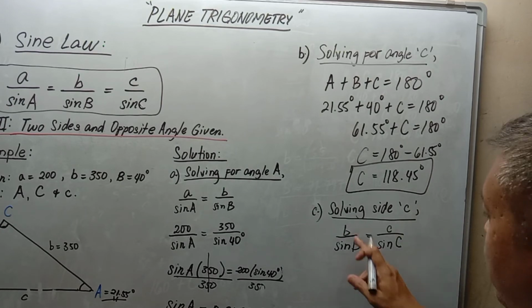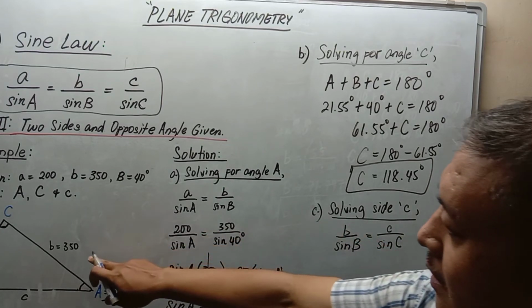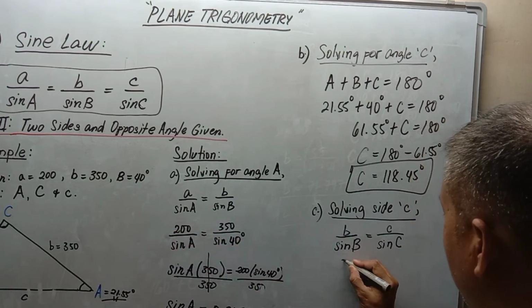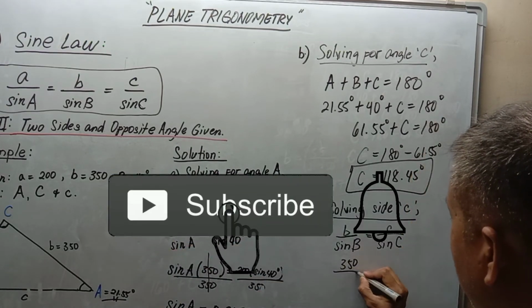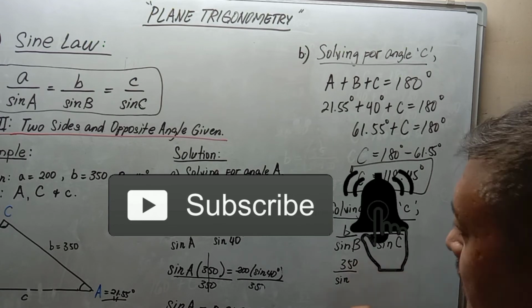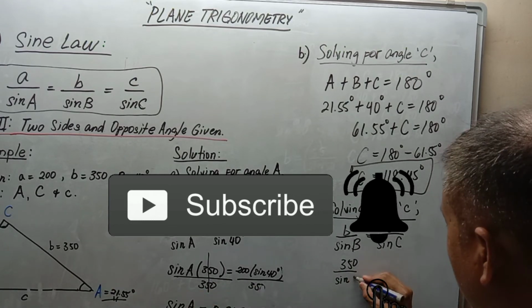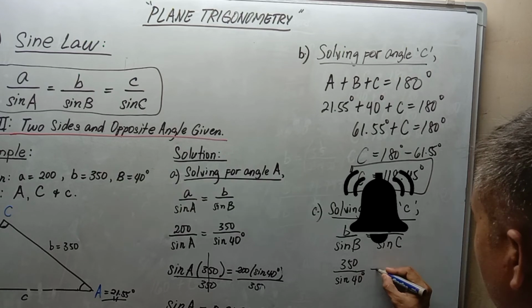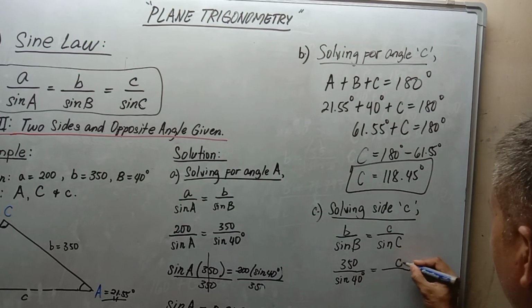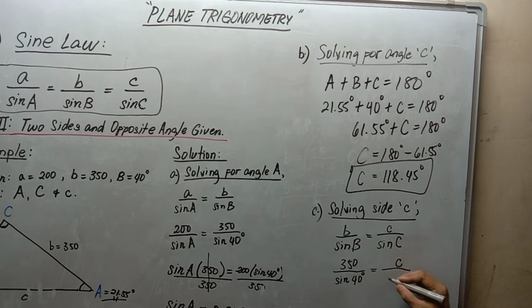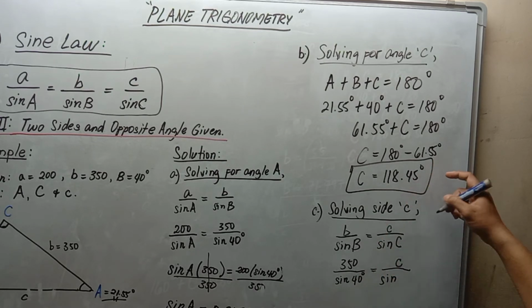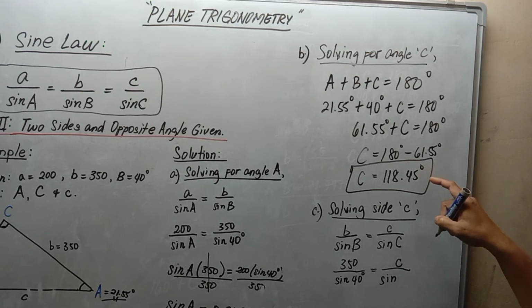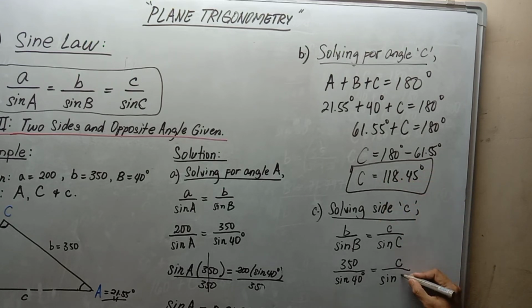So substitute the value of B. How much, guys? 350. 350 over sine, how much is angle B? Which is equal to 40 degrees, is equal to the third side, side C, over sine, how much is angle C? We already calculated angle C, which is equal to 118.45 degrees.